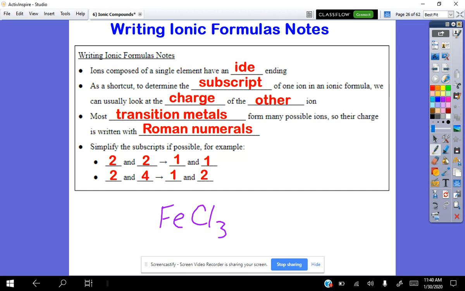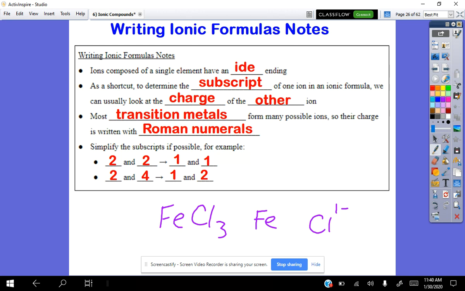If I'm given the name of my iron chloride compound, it will have a Roman numeral in the name, which will tell me the charge. If it doesn't have the Roman numeral in the name, I can use the charge of the anion. Chlorine we know has a 1- charge, and I can work backwards to figure out the charge of my iron ion.